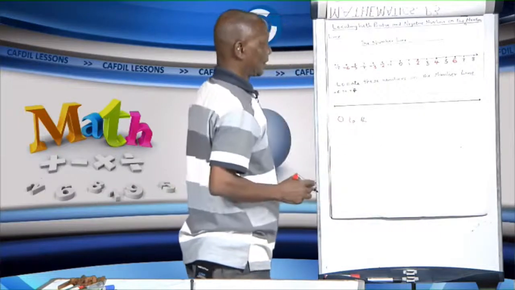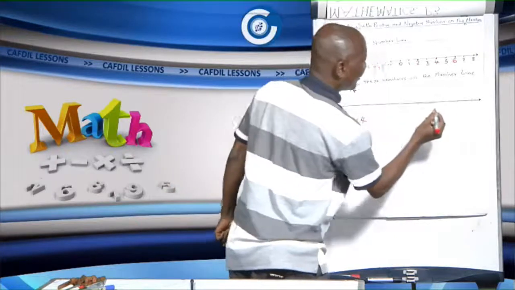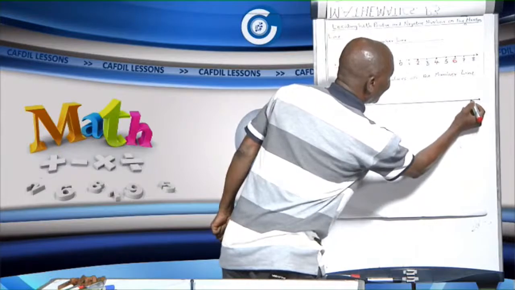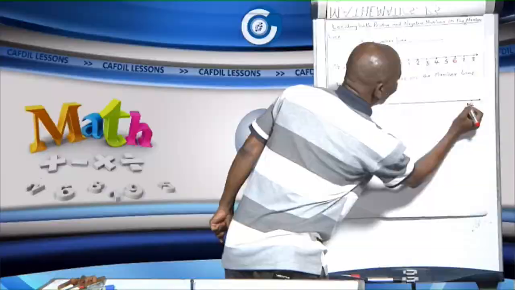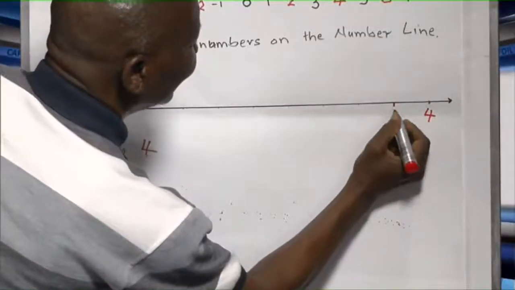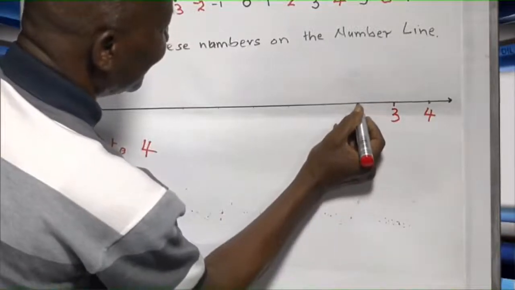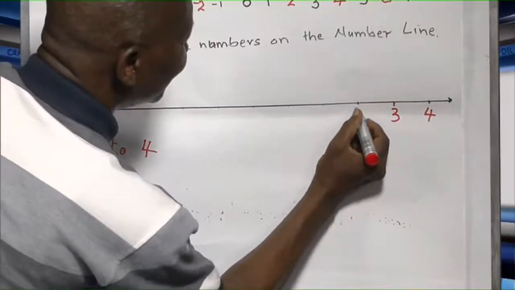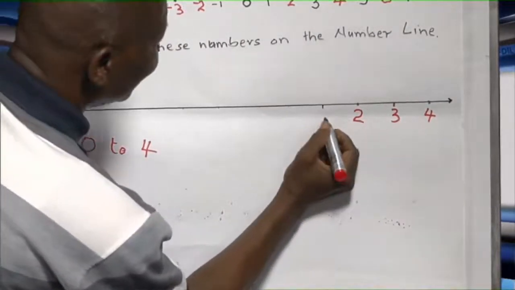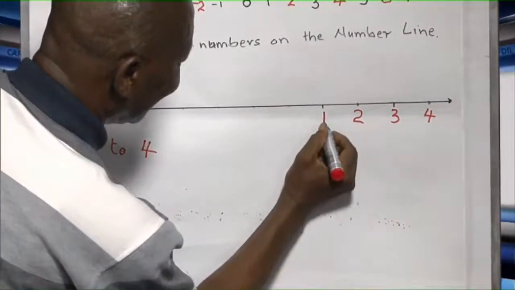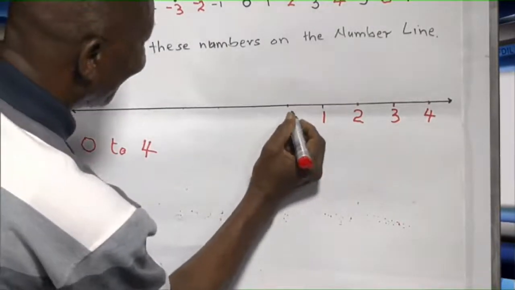Now let's do it. We'll start here, 4. This will be +3. This will be +2. This will be +1. And then the starting point will be 0.